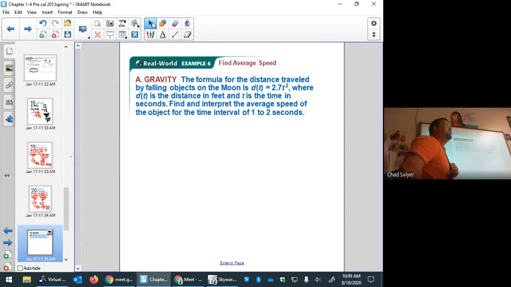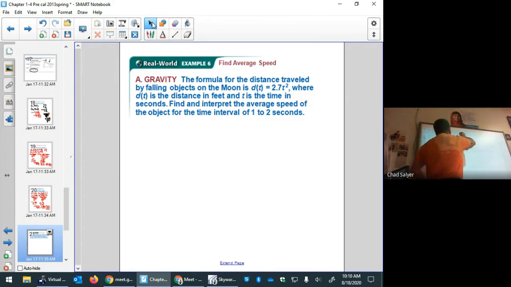And you can tell that when you watch the Apollo videos, the astronauts were kind of bouncing around because the gravity was so much weaker. So that's why it's different than the Earth. But d of t is 2.7 t squared, where d of t is the distance in feet and t is the time in seconds. Find and interpret the average speed of an object for the time interval of 1 to 2 seconds.